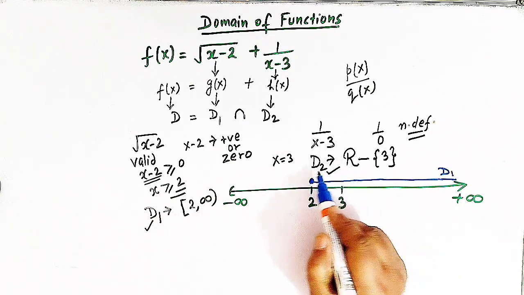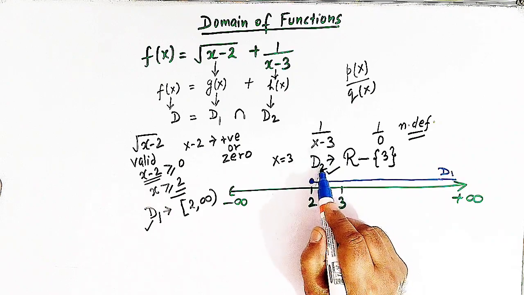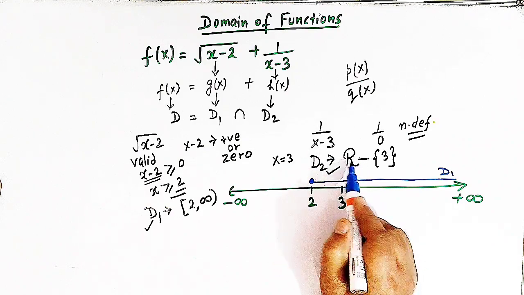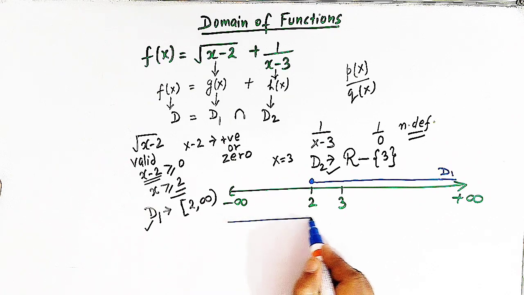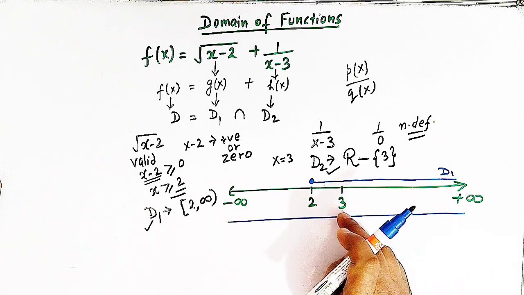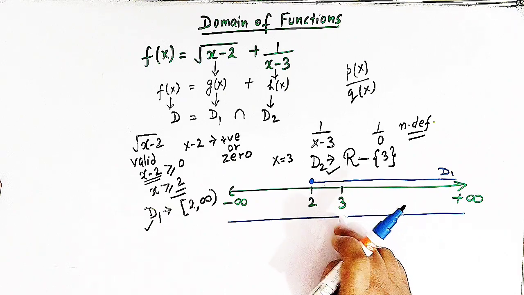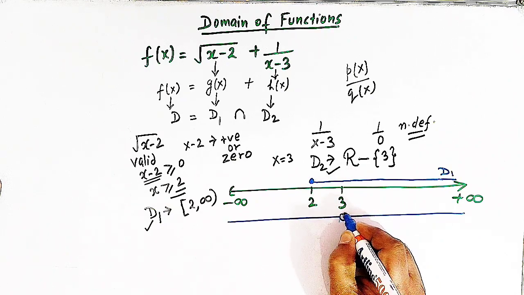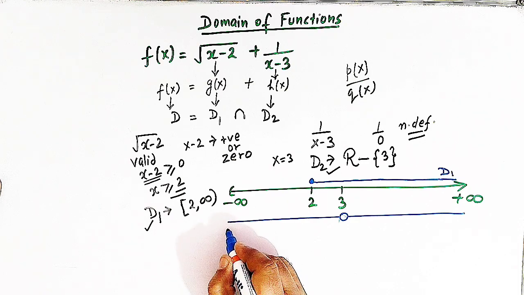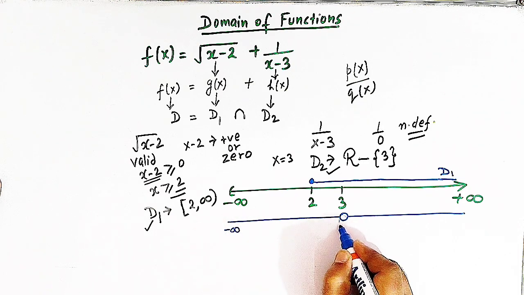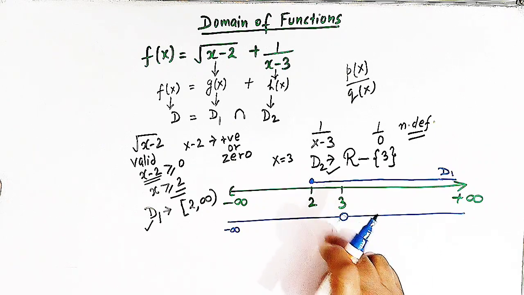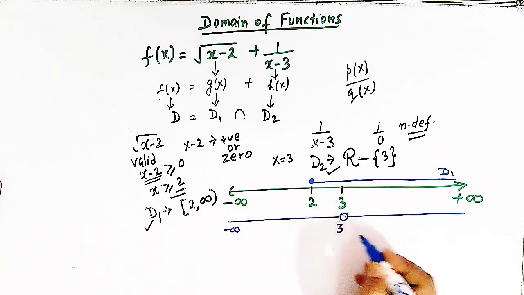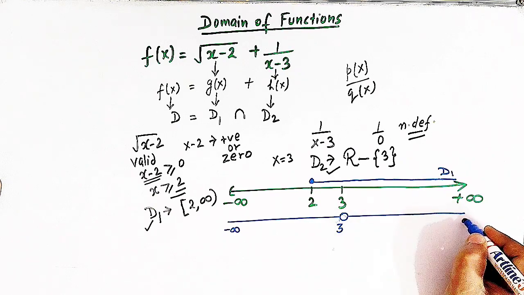Okay, now let us represent this domain D2. D2 is R minus 3. So here we have the entire real number line, except that we will not include 3, right? So we'll go from minus infinity to 3, and then from 3 to infinity.